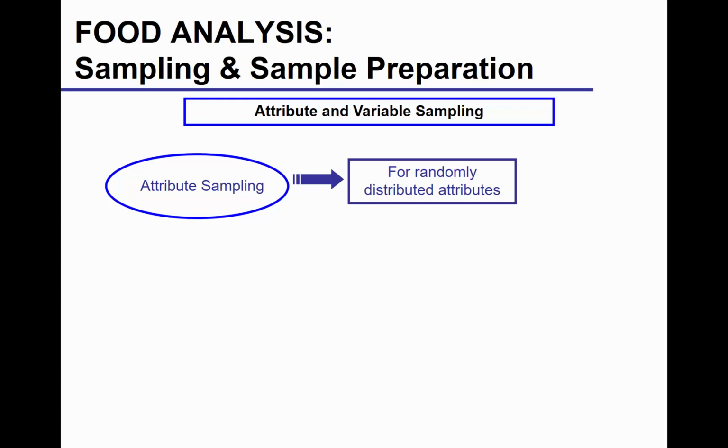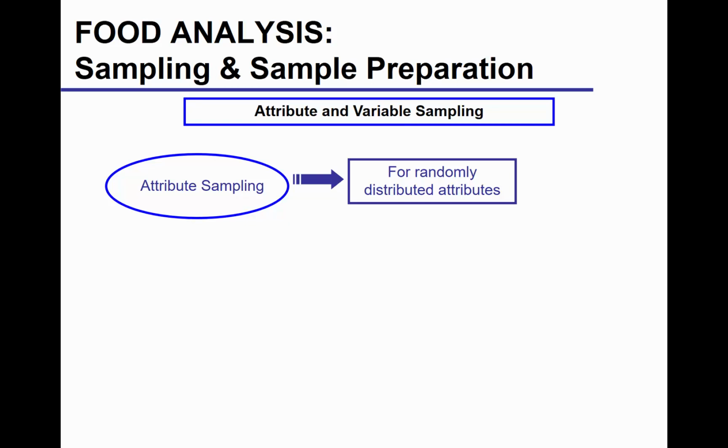For example, if you have flour, protein is homogeneously distributed in your sample. It's a composition. Whereas if you have fungal growth, or mold, it might not be homogeneously distributed. So it would be looking for a particular attribute that is not uniformly spread within your sample.